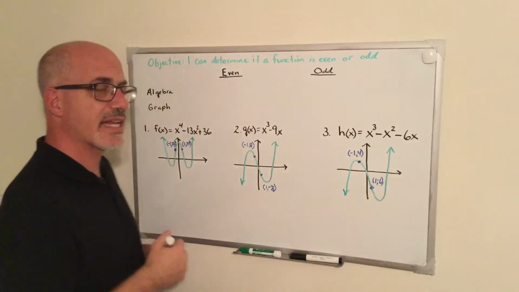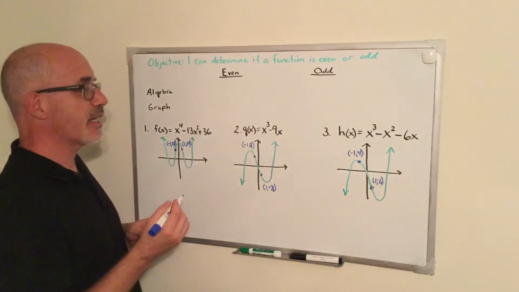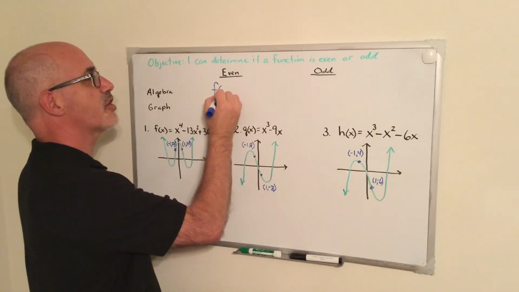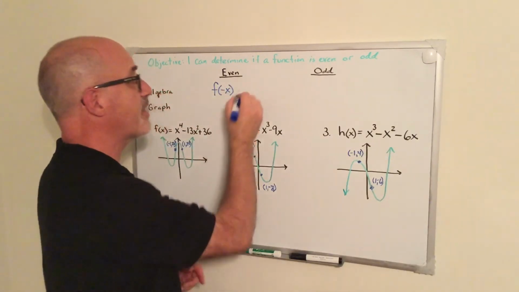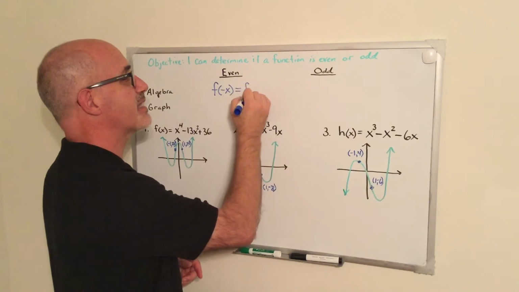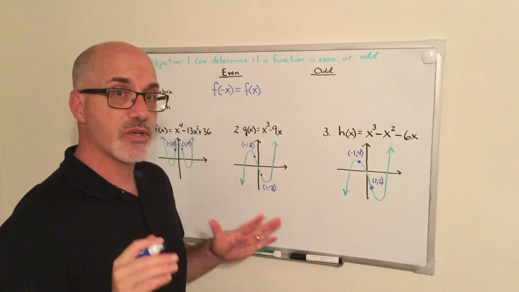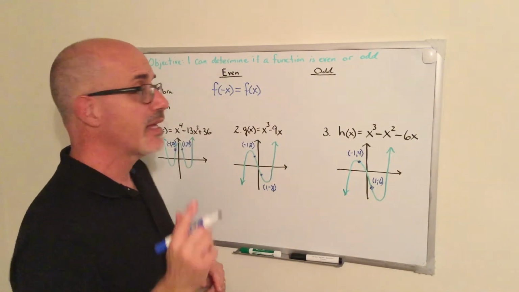So when you look at the algebra of this, what happens is if you're looking for an even function, when you take the function and put in the opposite of x into the function, if that y value is the same as when you just put in x, so there's a symmetry over the y-axis, then it is an even function.